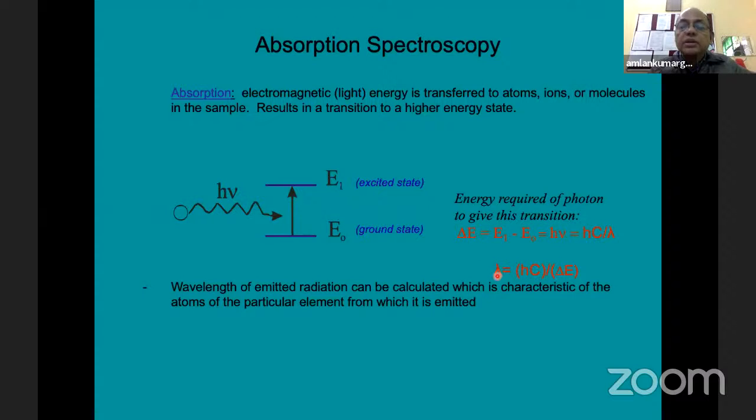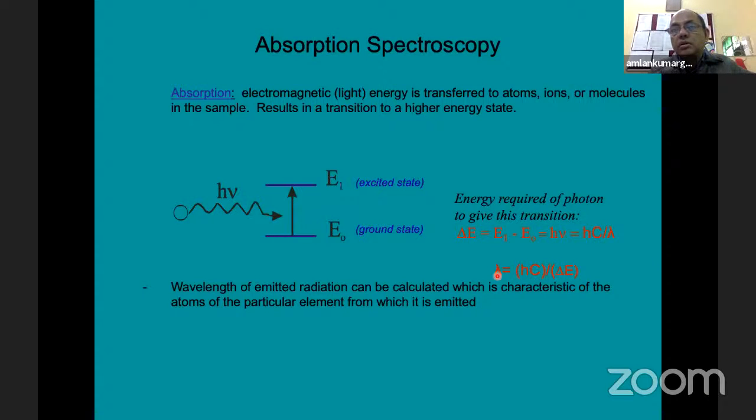And that is why you can see yellow colored radiant energy of sodium when you introduce sodium into the flame.